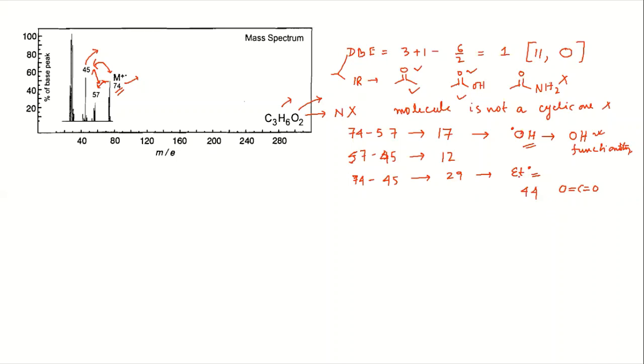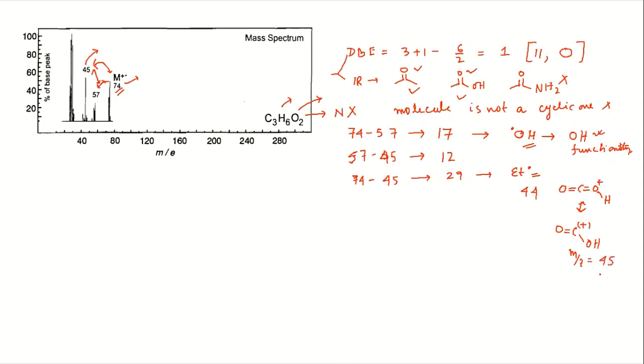And you are getting a very close one, 45. So what you can think is this type of cation, or you can write it this way: C double bond O, OH, this cation. This is m/z 45.